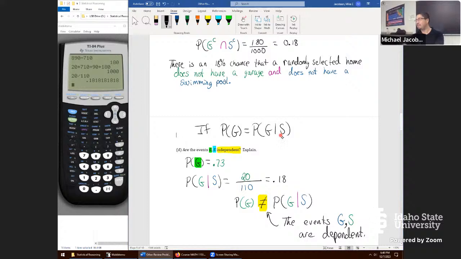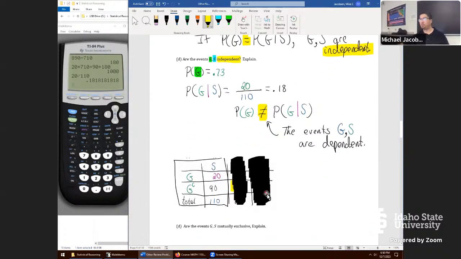It's independent of G. And so G comma S are independent. So dependence versus independence depends on if you have equality, that's independence. If it's unequal, then we have dependent events.